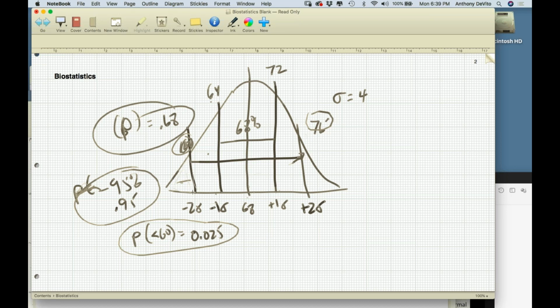This could represent that portion of the population, or the probability of an individual being in that part of the population, right? In other words, a population probability density. Or above 76 inches tall is also going to be 0.025, 2.5% as well.